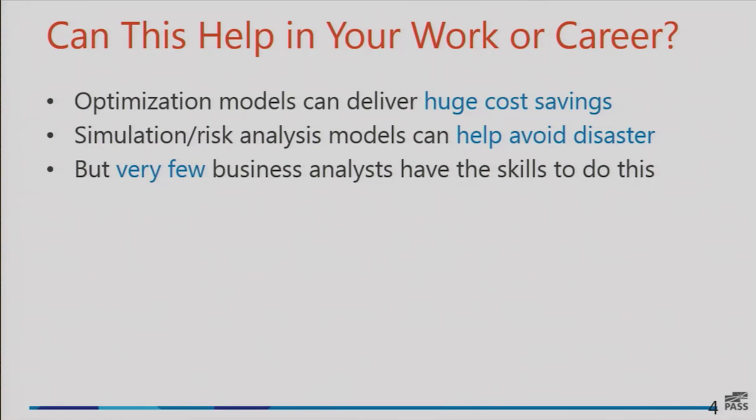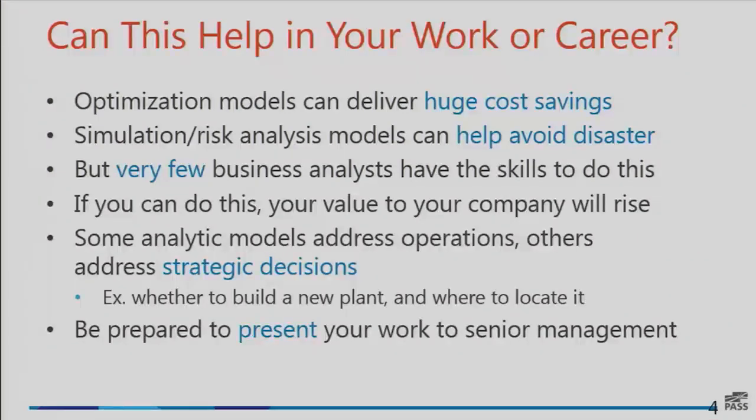Who cares? But if you get to multiply that number by several $billion, it's a big number. So what happens with these optimization models very often is the bigger the company, the bigger the potential payoff. And where this is not being done right now, there's a big opportunity for people who can do it. So if you can do it, we've seen this with a bunch of our customers who have really seen their value to their company rise.